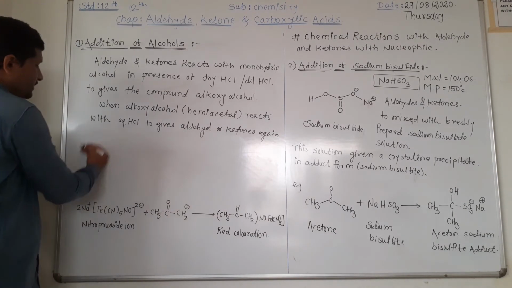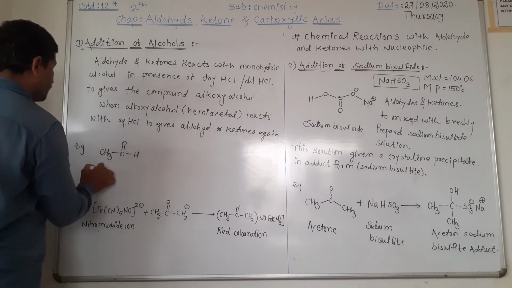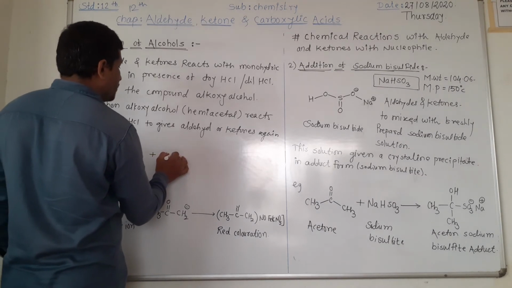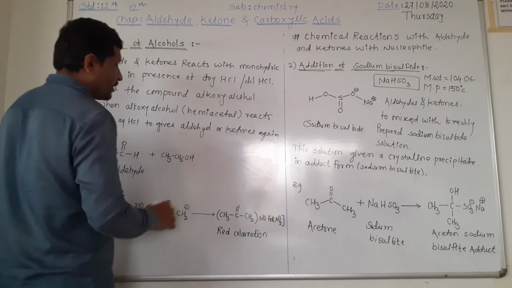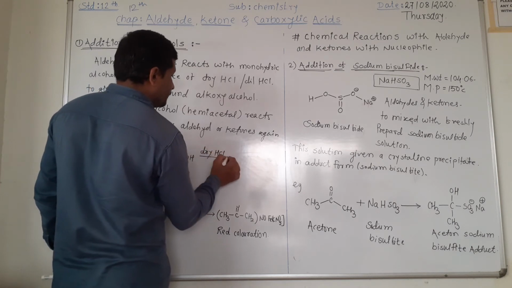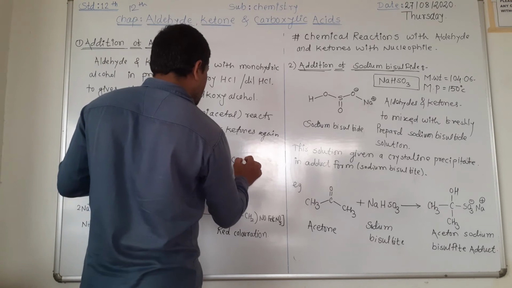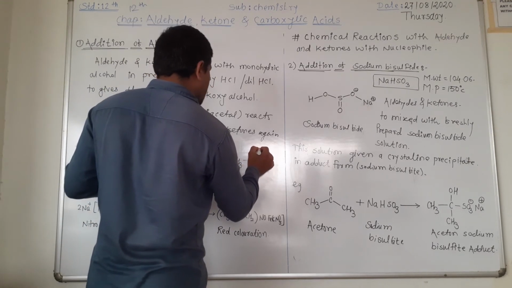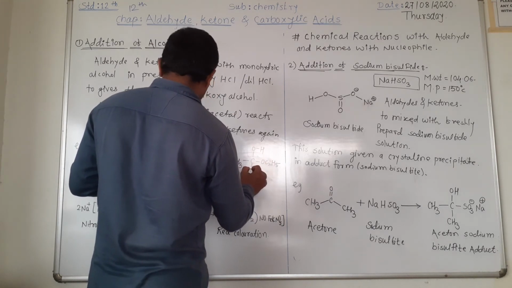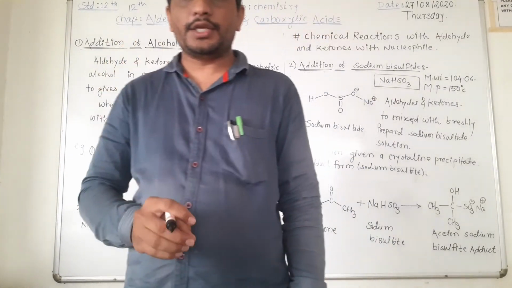Now let's see how the reaction takes place. The first example is acetaldehyde, CH3 C double bond O H. Acetaldehyde reacts with a primary alcohol, C2H5OH, in presence of dry HCl to form the compound with hydroxide and OC2H5 on the same carbon. Again, the second example is when this monohydric alcohol reacts with ketones.